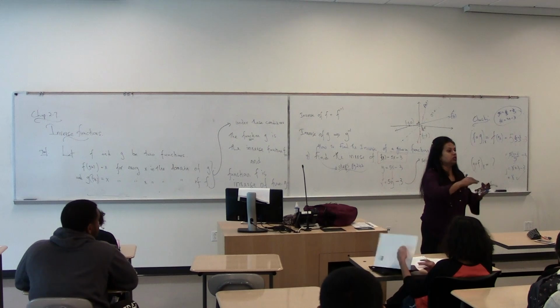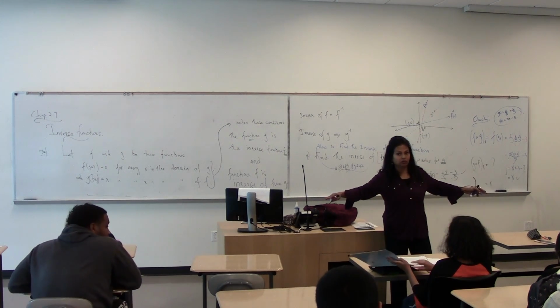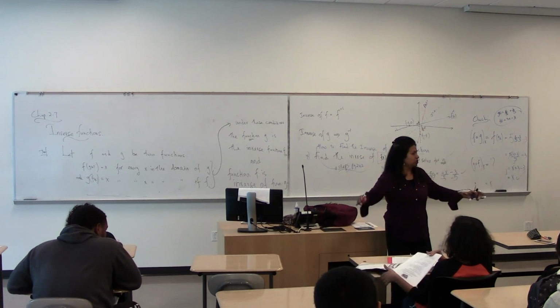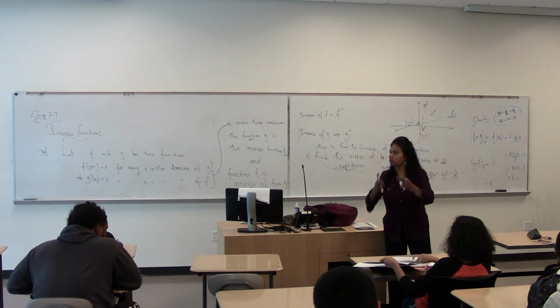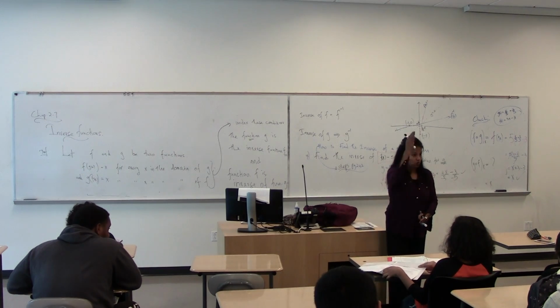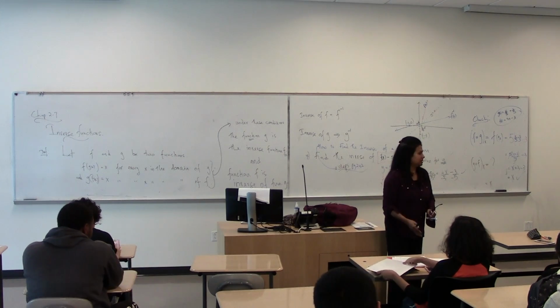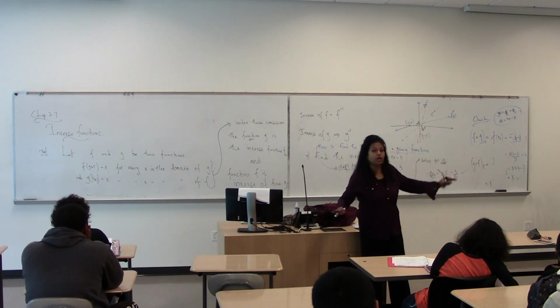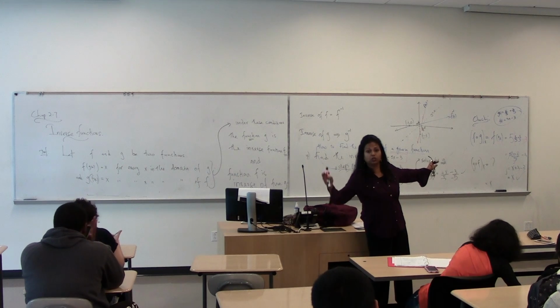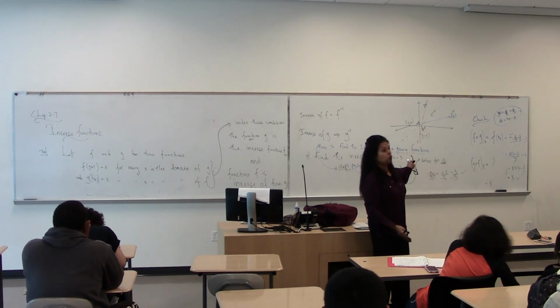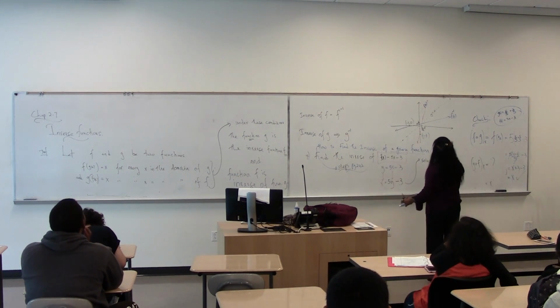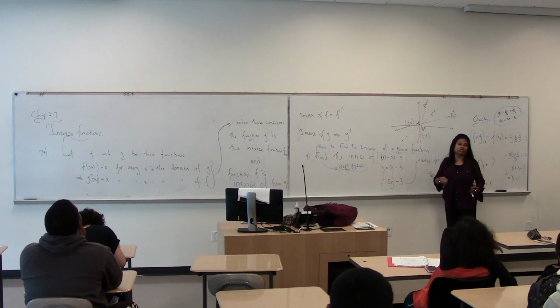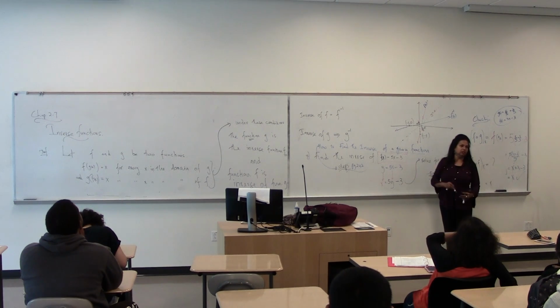We discussed symmetry with respect to the x-axis when we did the transformations. Also we discussed symmetry with respect to the y-axis, when the y-axis is the mirror, right? Now we are discussing symmetry with respect to the line y is equal to x, which goes through the center.